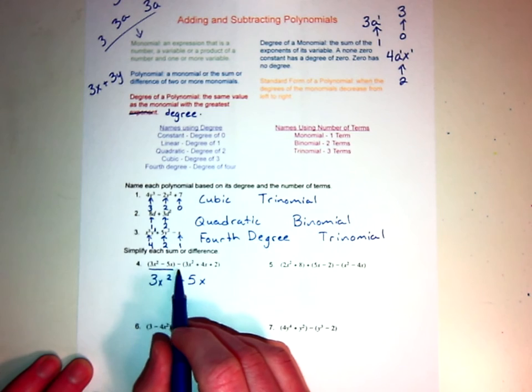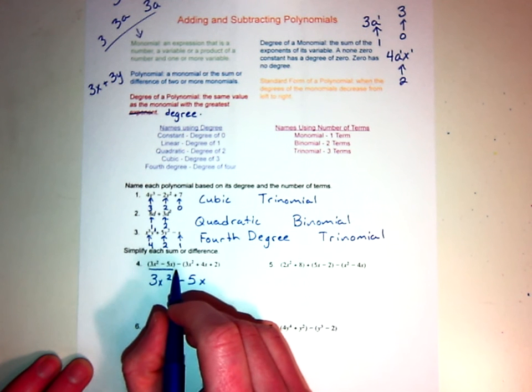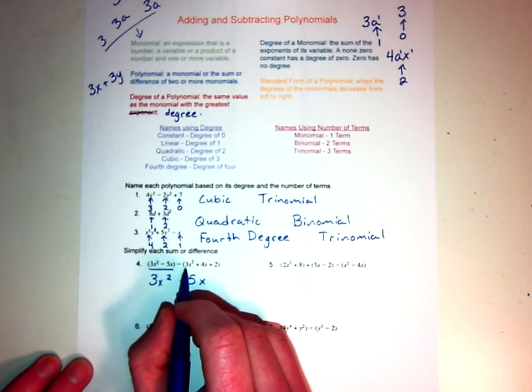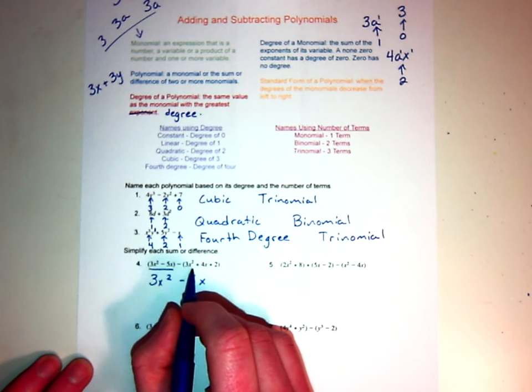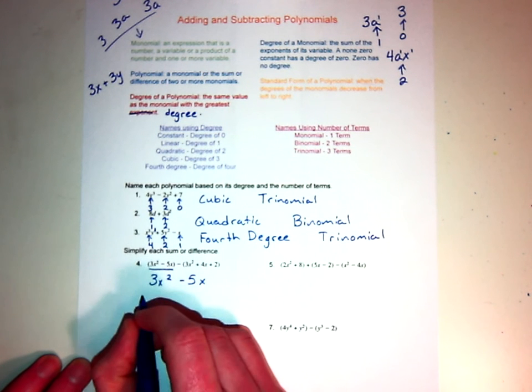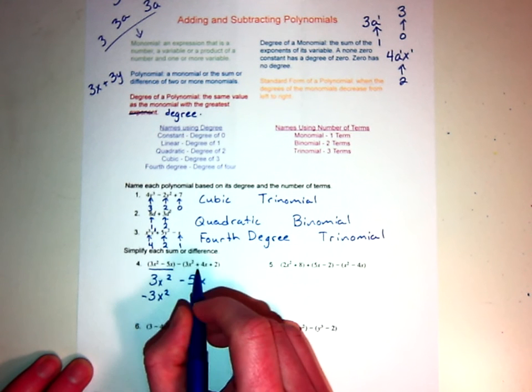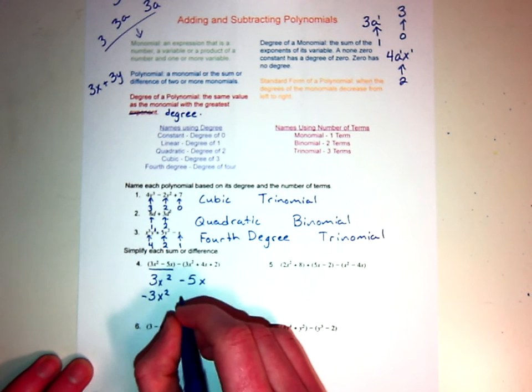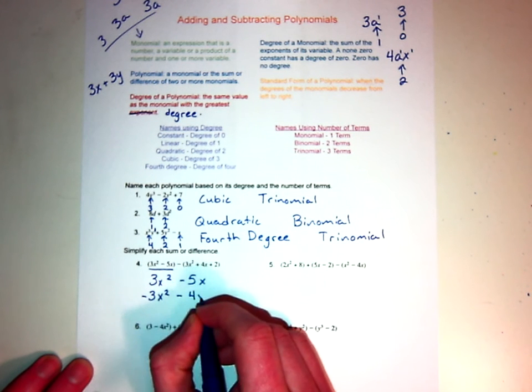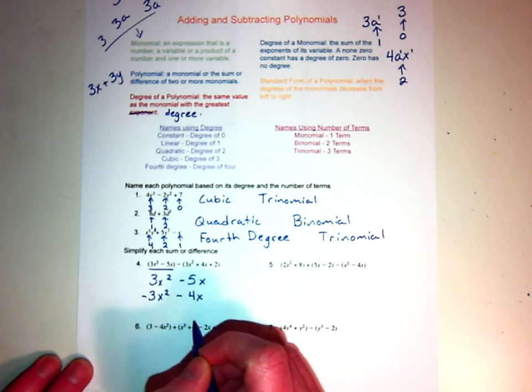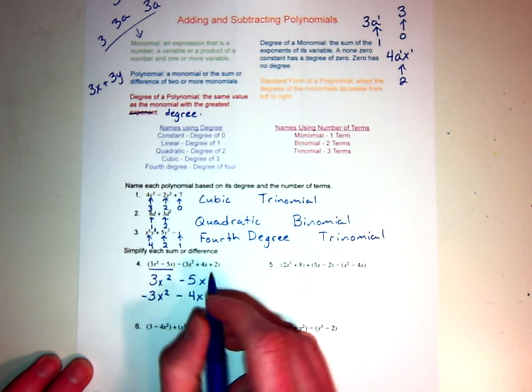Since it's a subtraction problem, make note of this, I need to do the opposite of the sign in front of each of these monomials. Since this is positive 3x to the second power, I need to write negative, and we need to subtract it. Since this is plus 4x, I need to write negative 4x. Notice my like terms are lining up. And then here I need to subtract 2.